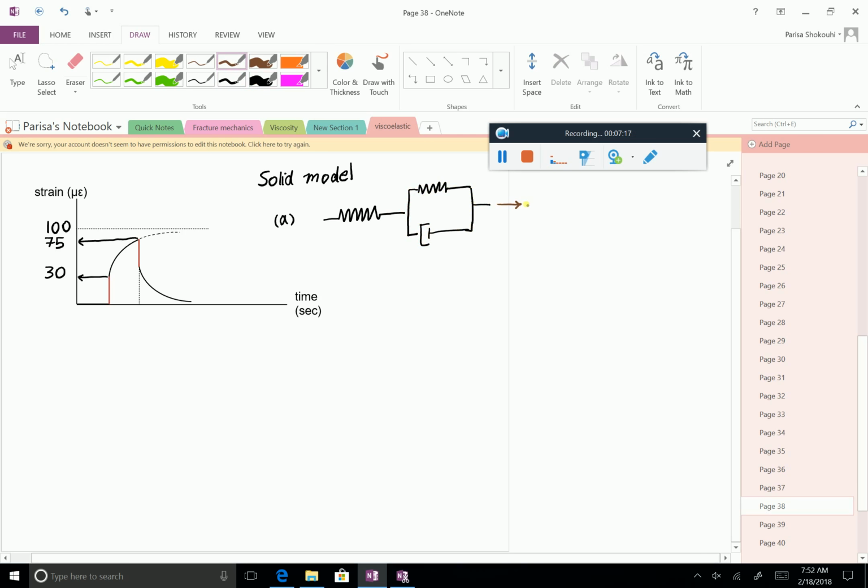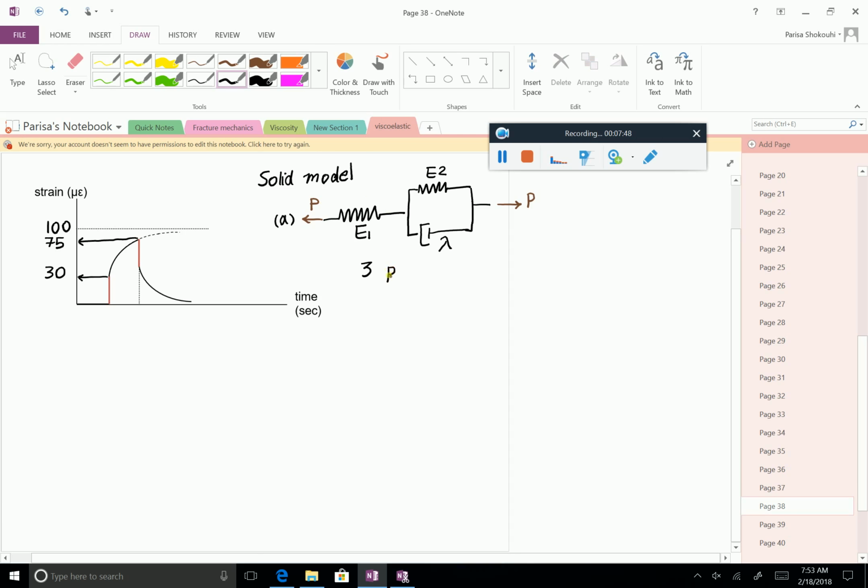So here is the load, and we shouldn't forget to put the model parameters. The Kelvin model has 2 parameters, but the solid model has 3 because we also have a spring.